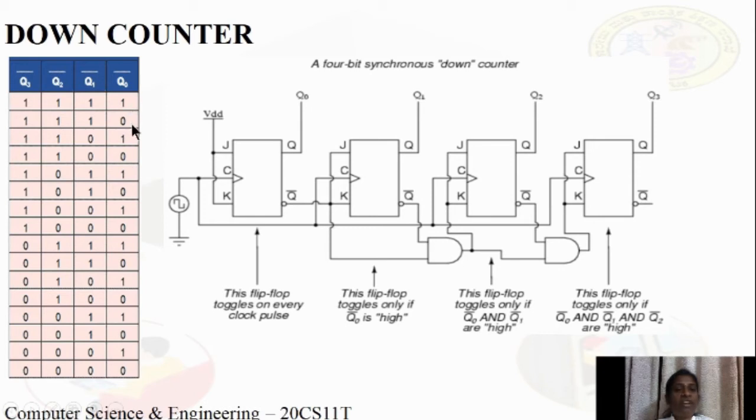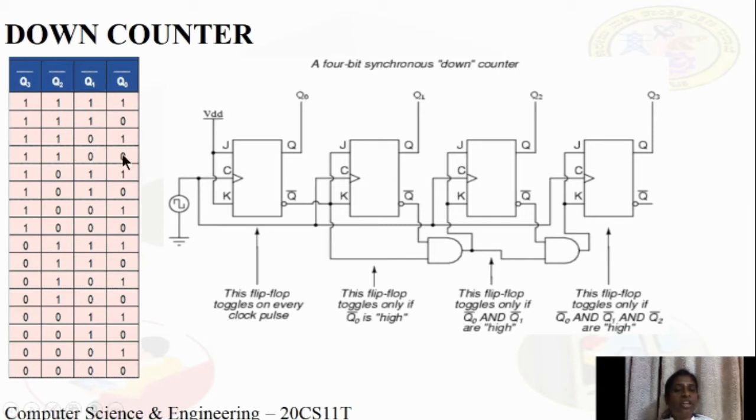For every clock pulse, the values keep on changing. Next, let us observe the Q1 values, Q1 bar values. Here, Q1 changes its state or toggles whenever the Q0 value is 0. When Q0 is 0, it changes its state from 1 to 0.